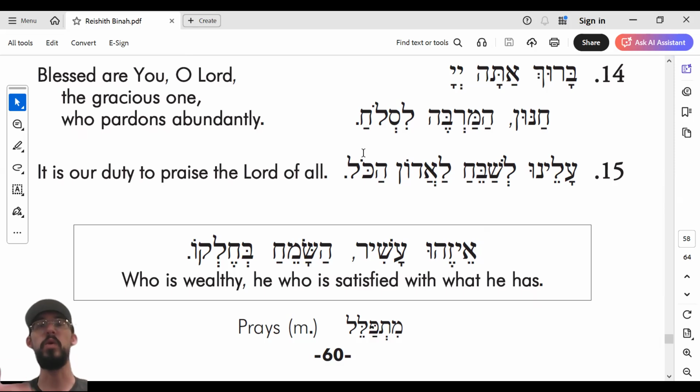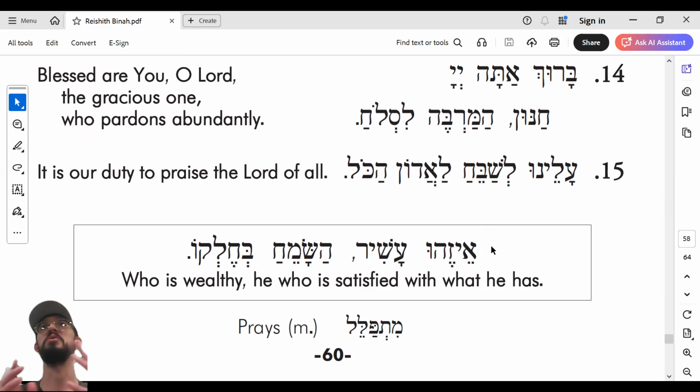Aleinu leshabe'ach, we are to praise the Lord of all, or we are to give praise to the Lord of all. Right? And then it kind of ends with this nice little idiom, zehu ha'ashir hasameach b'chelko, where again the chet pataḥ appears once again in the confusing fashion. Sorry about that, guys.